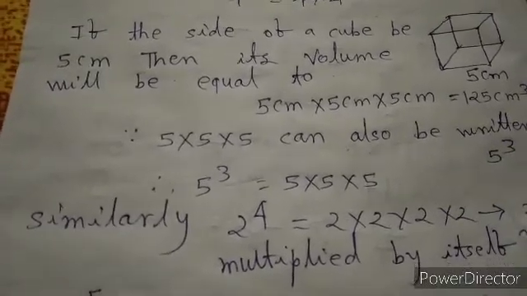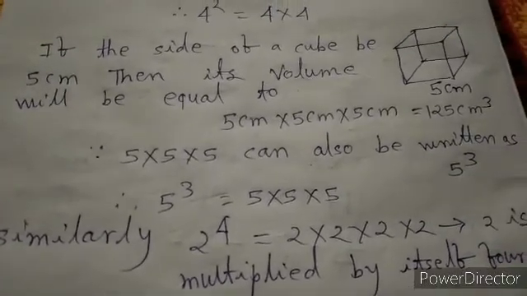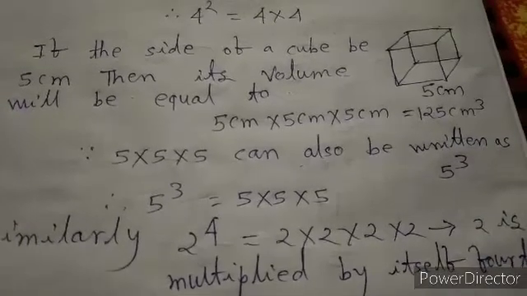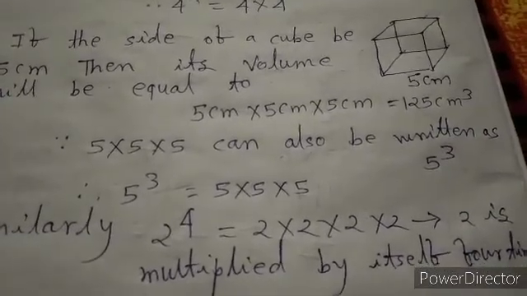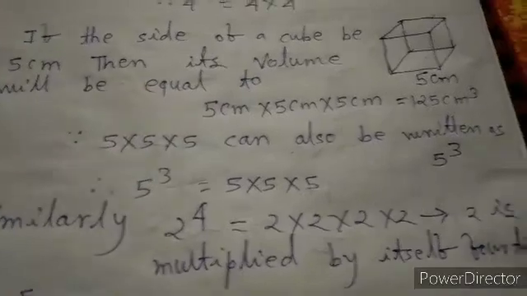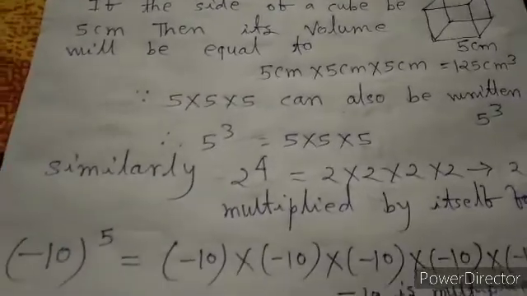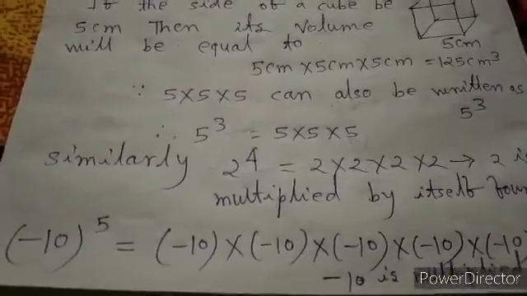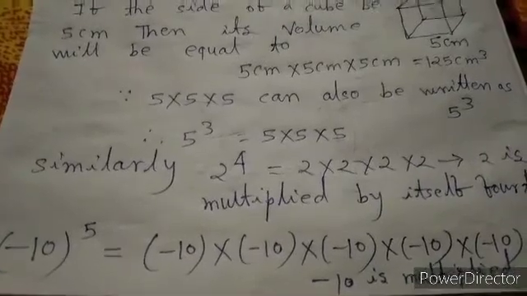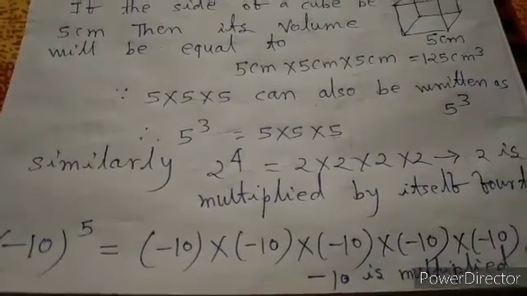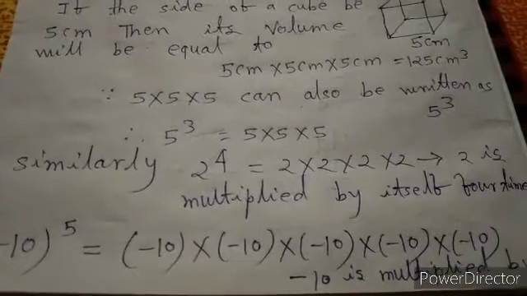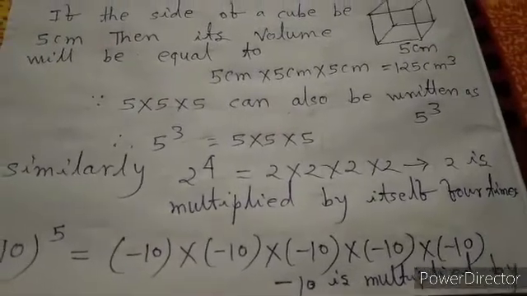Similarly, 2 to the power 4 is equal to 2 into 2 into 2 into 2, 4 times. 2 is multiplied by itself 4 times. Minus 10 to the power 5 is equal to minus 10 into minus 10 into minus 10 into minus 10 into minus 10. That means minus 10 is multiplied by itself 5 times.